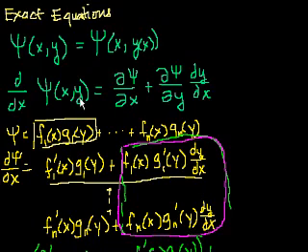If y was independent of x, then dy/dx would be 0, and this term would be 0, and then the derivative of xi with respect to x would be just the partial of xi with respect to x.